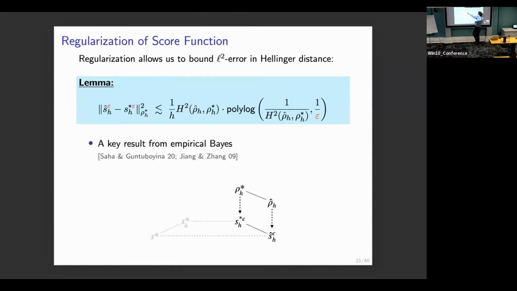So what it says is that if we look at two distributions, rho star h with this score s star h, and another distribution, rho hat sub h with this score function s hat sub h, then this difference, if we regularize them by the epsilon parameter, can be bounded by the Hellinger distance. We pay this 1 over h penalty, and then basically just log 1 over epsilon.